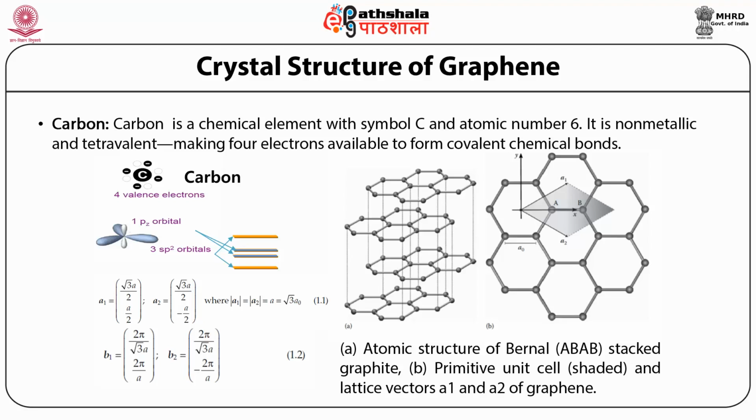We can also see in equation 1.2 how to define the reciprocal lattice vectors b1 and b2 for the graphene lattice using the relations a1 dot b1 equal to 2 pi and a1 dot b2 equal to 0. So this is all about the crystal structure of graphene.